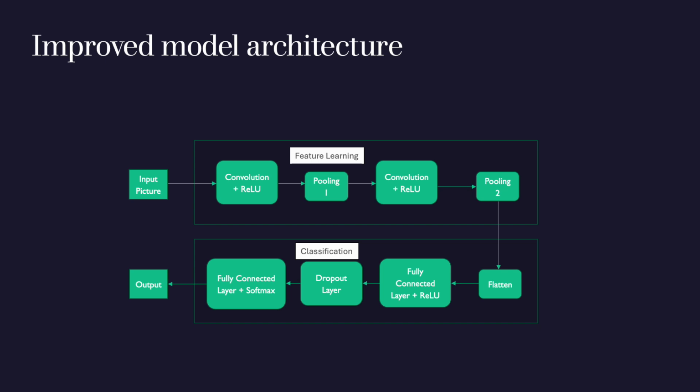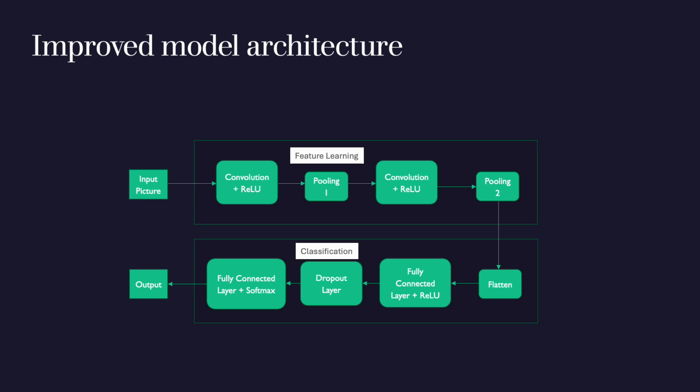We start with the input image. The first layer applies convolution, followed by a ReLU activation. This is followed by the first pooling layer to reduce spatial dimensions. Next, we add another convolution layer with ReLU activation. Then comes a second pooling layer to further condense the feature maps. The output is then flattened.